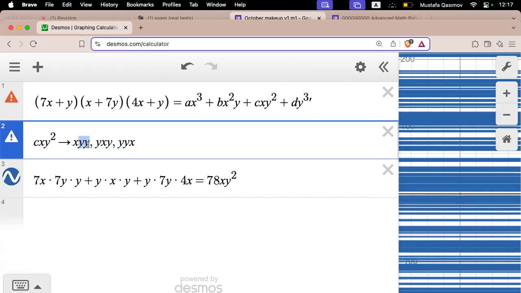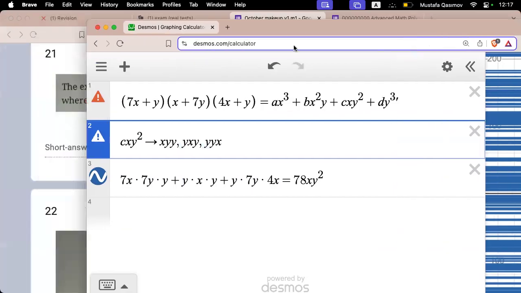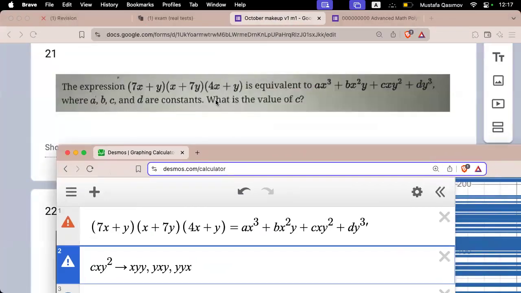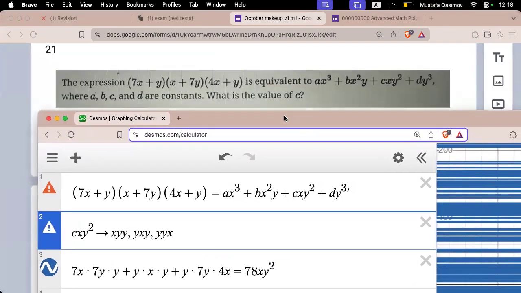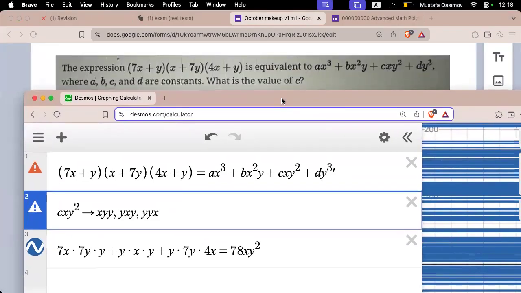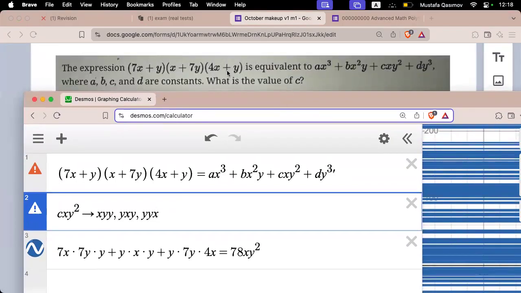Oh, okay. Yeah. In the question, it asks this expression is equal to this expression, okay? These 2 expressions are the same. Did you understand this part? Okay, these expressions are the same, right?